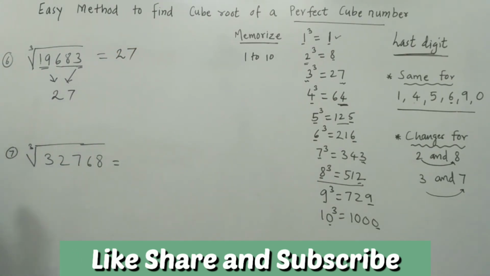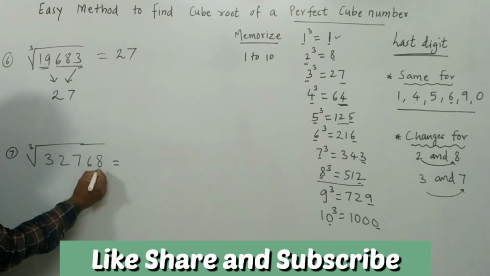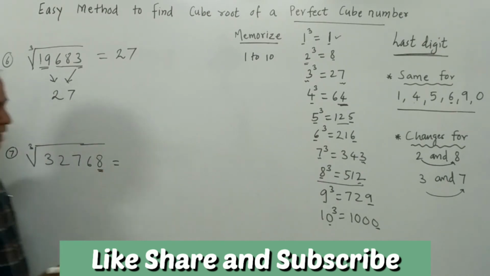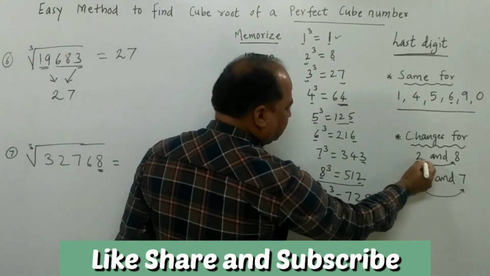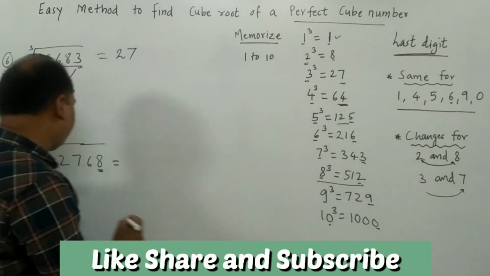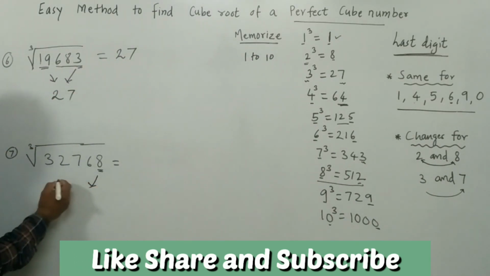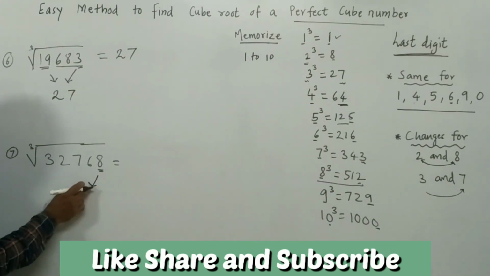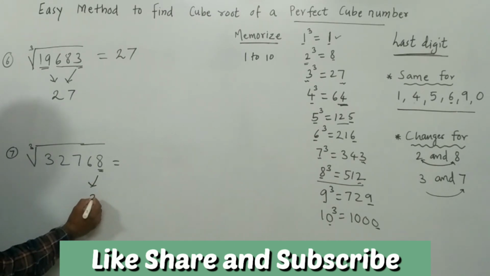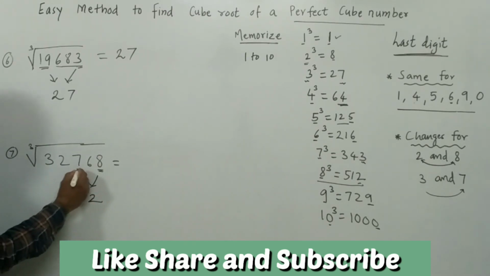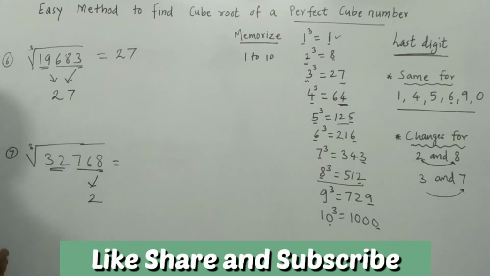In the same manner, for the next example, the last digit of the number is 8, and 8 changes to 2. So the unit place of the cube root will be 2. Now ignore the last 3 digits. The number remaining is 32.